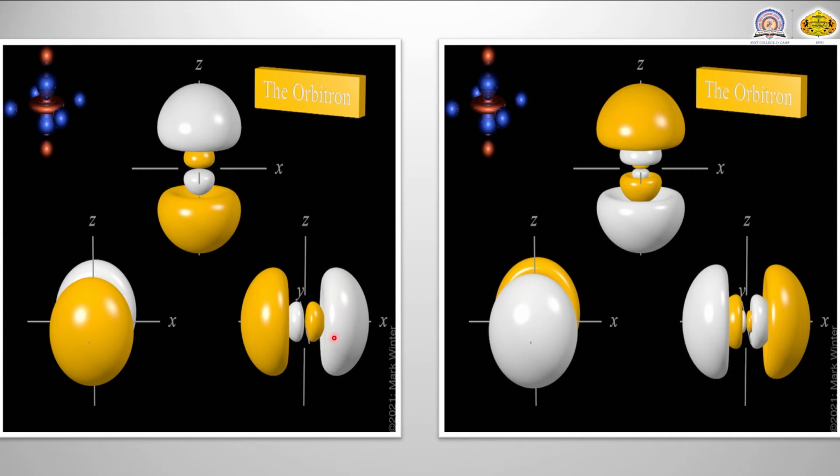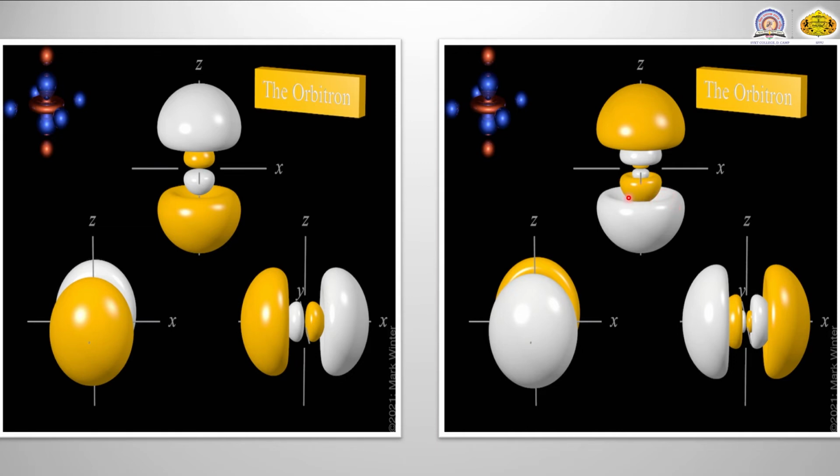So these are the number of nodes present for that orbital. So for 2p and 3p orbital, there is one node. Similarly, for 4p orbital, 4 minus 1 minus 1, there comes 2. So number of nodes for 4p orbitals are 2. In between 2p and 3p there is one node, and in between 3p and 4p there is one node.